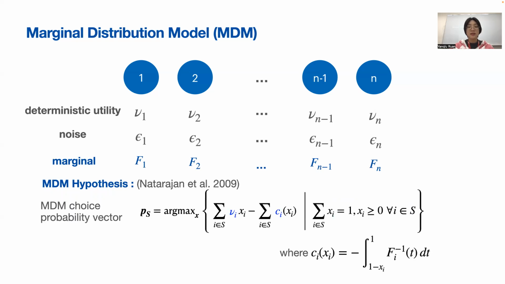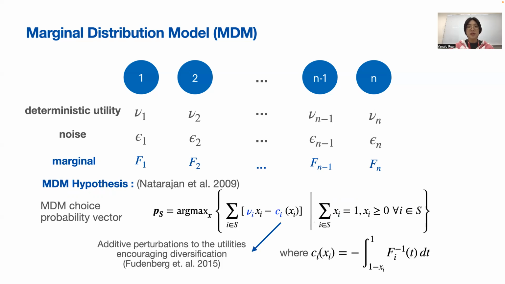It is proven in Natarajan et al. 2009 that the marginal distribution formulation of MDM has an equivalent convex formulation, which results in one of the key advantages of this model, where the choice probabilities under MDM can be evaluated by solving a convex program.